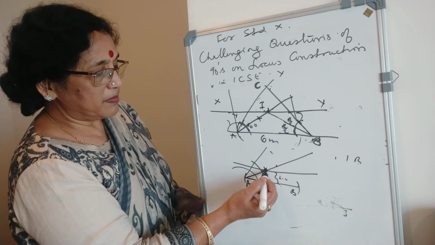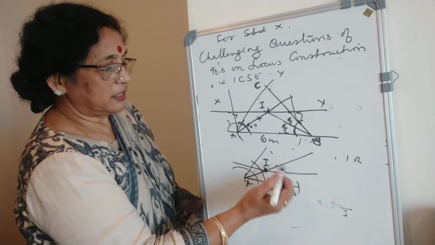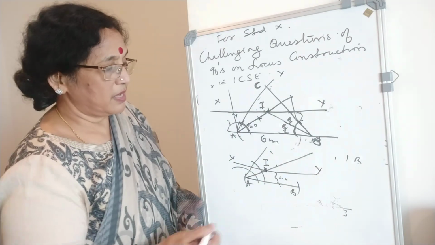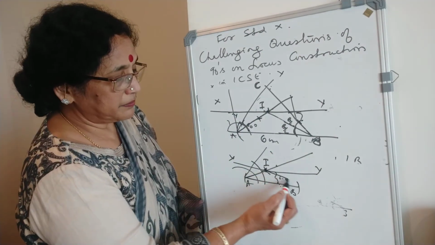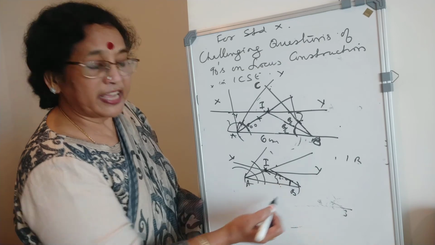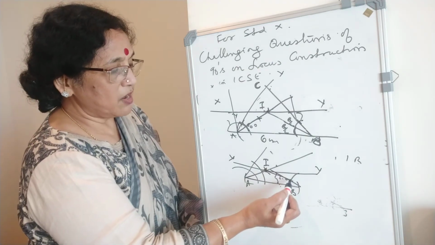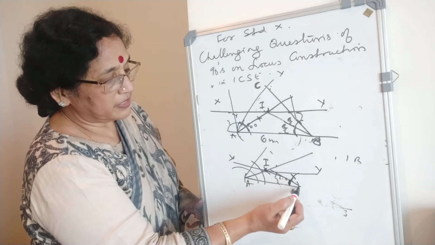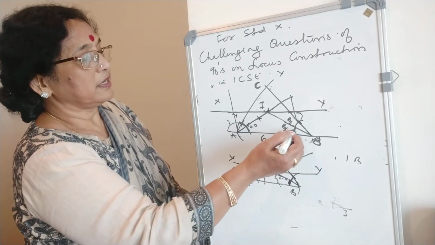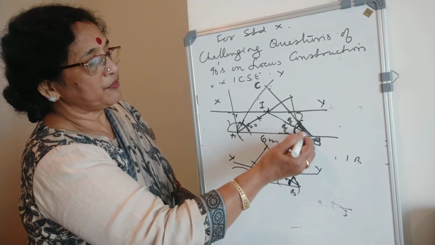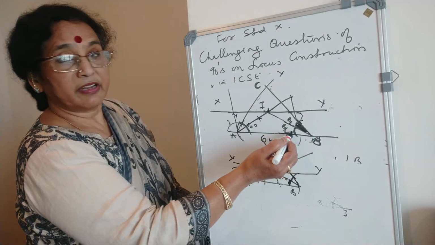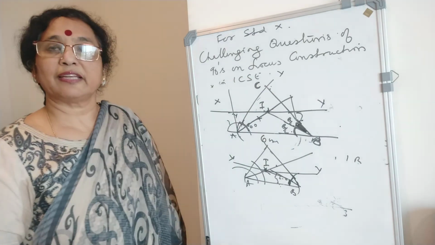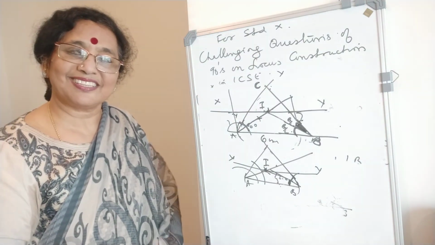Where the angular bisector meets this parallel line XY, that is your incenter, and you join IB. This is half of angle B. Extend this arc, copy this half angle here, join it, and produce that where it meets AY, that is your C. That's how you get this triangle.